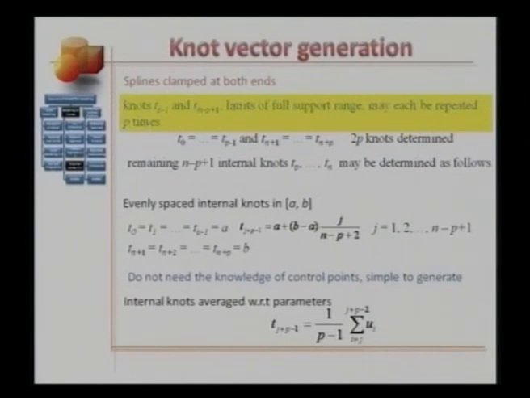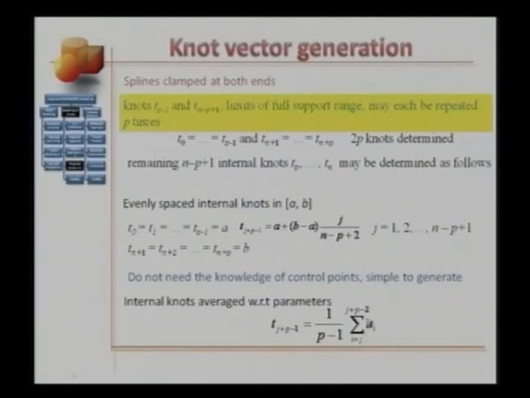This could be one of the candidate schemes. So the internal knots T j plus p minus 1 can be equal to 1 over p minus 1 summation i going from j to j plus p minus 2 of u sub i.